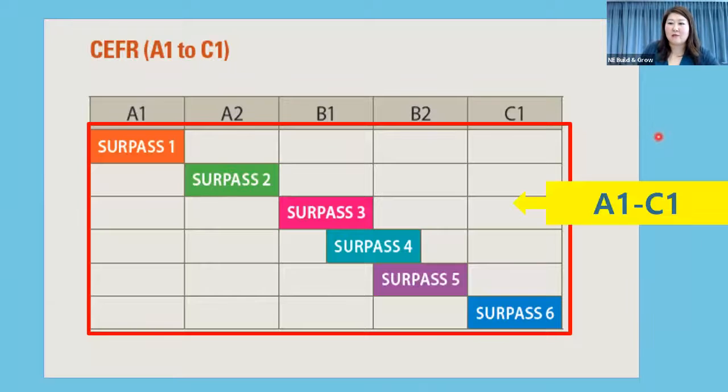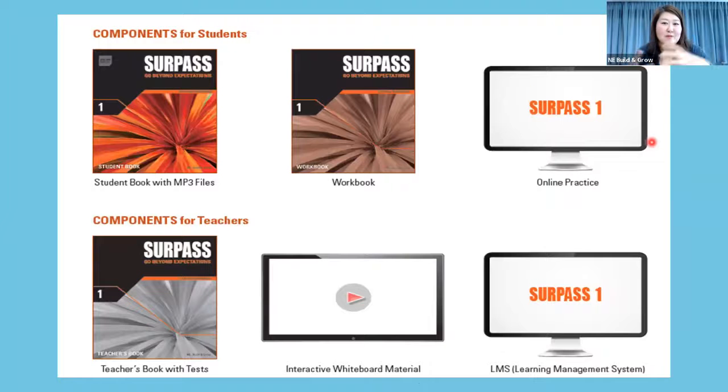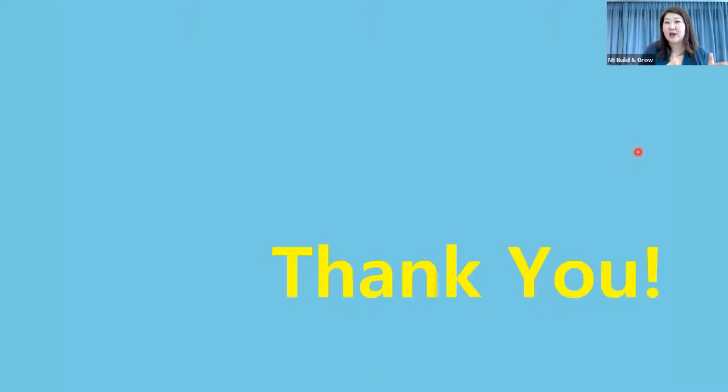I'm not going to bore you with all the elements, but with this Surpass series, you can cover from A1 through C1 with book 6. And it's packed with pretty much all the resources that teachers need. I understand that was a very quick explanation and look-through of the activities.